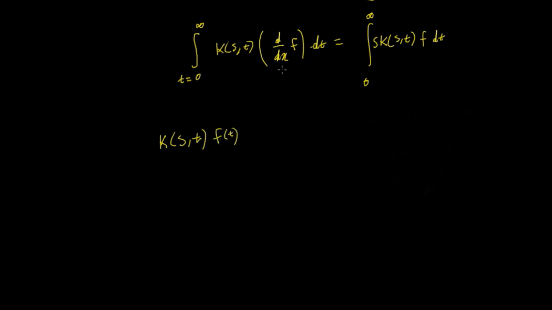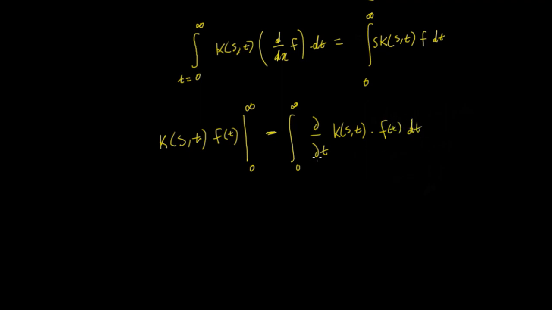Okay, because we were using dv, in order to get the actual value of v, we've got to integrate it again. So we end up with our f of t, evaluated from 0 to infinity, and we take away, so it's minus the integral from 0 to infinity of the partial derivative with respect to t of k of st, times our function f of t, all by dt.